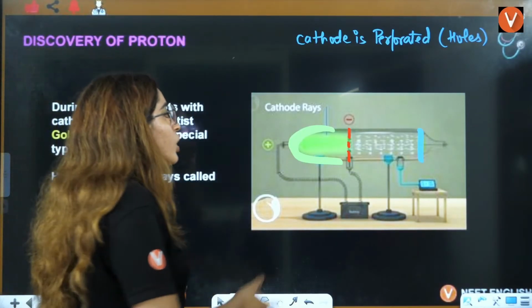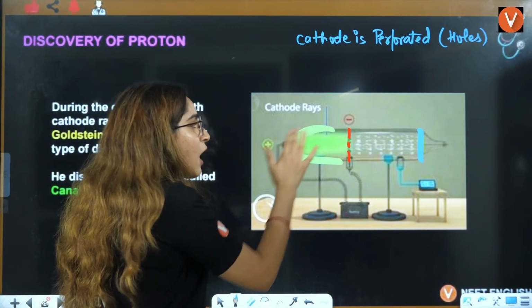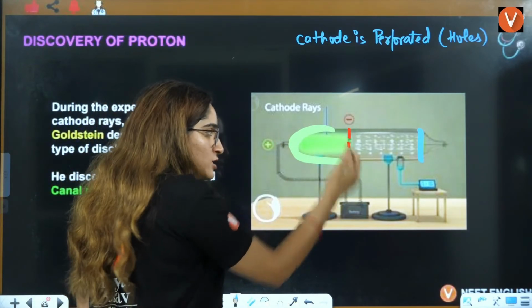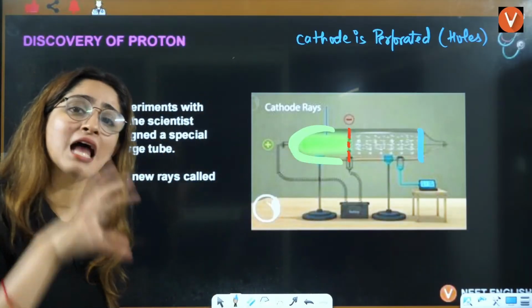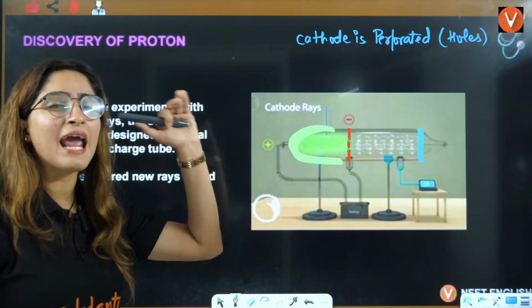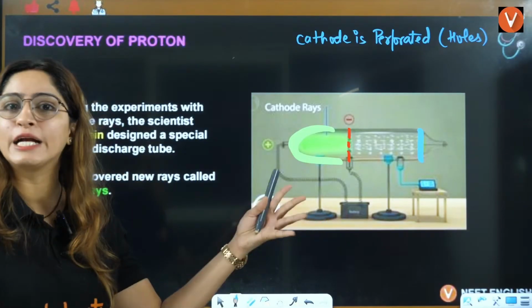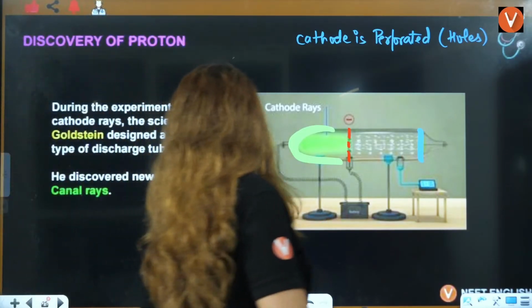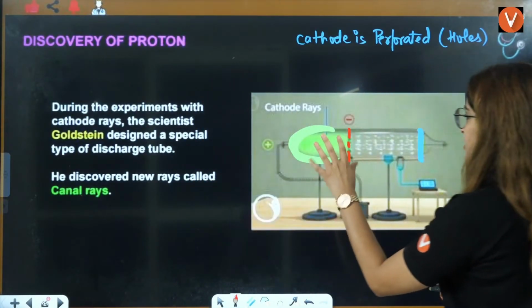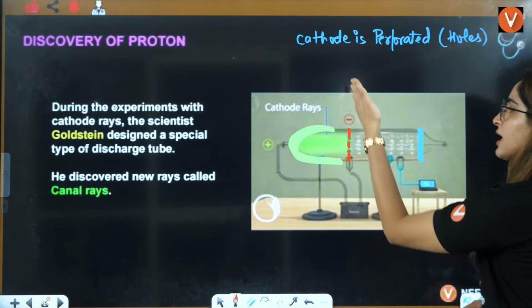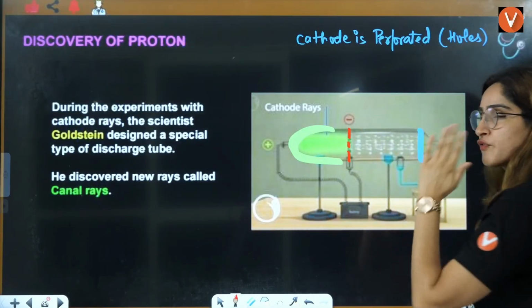So this is now the ZnS screen. This is perforated. That means now they are checking, is there any ray coming out of the anode also? And surprisingly, it was yes. The ray was coming. Just one thing differentiated: the ZnS screen is here instead of there, and this is perforated instead of that.